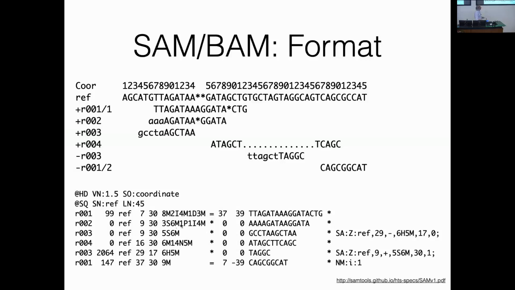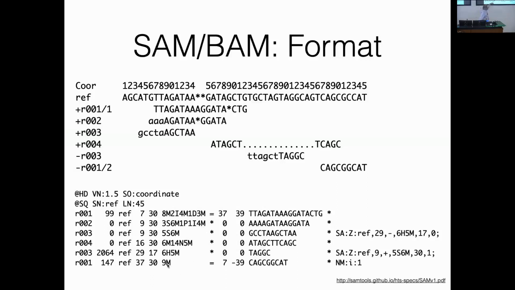This is what's called a CIGAR string, and you can use this to take the read and kind of reconstruct. I can never remember whether it's read-wise or reference-wise, but basically it gives you instructions for going from one to generate the other. So this one here is pretty simple.